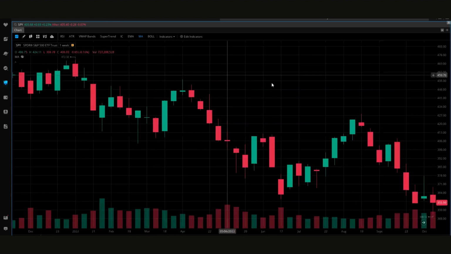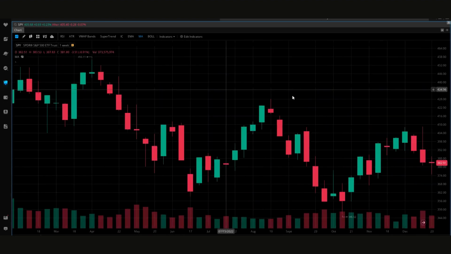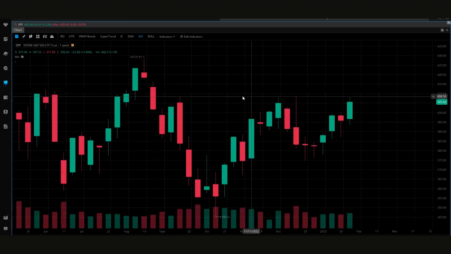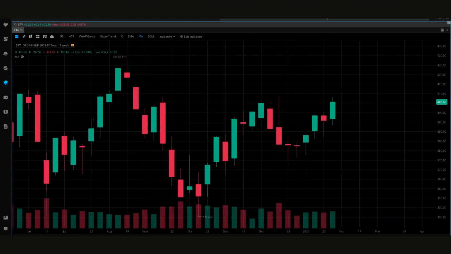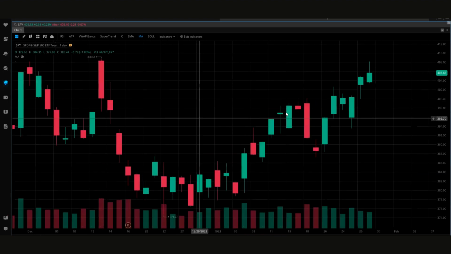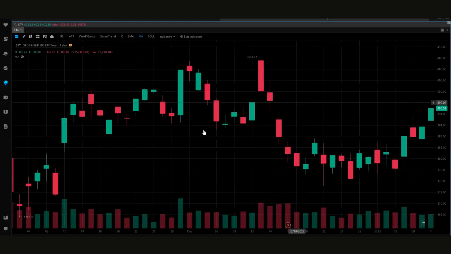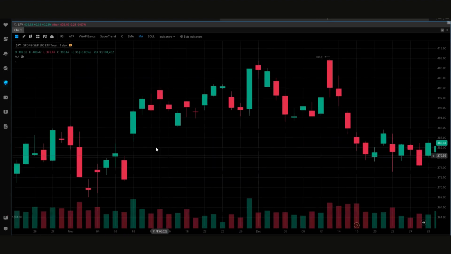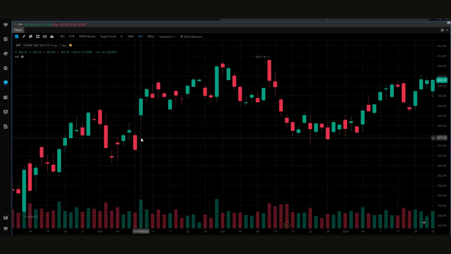Let's see if we can see any more examples that may be beneficial to us as we move forward. Let's look on a daily chart. What I also want to show you is certain things like gapping. So as you can see here, this candle closed at 372.42.